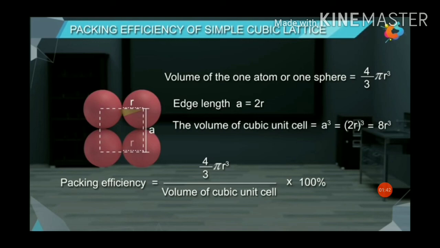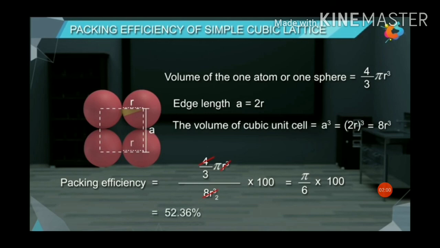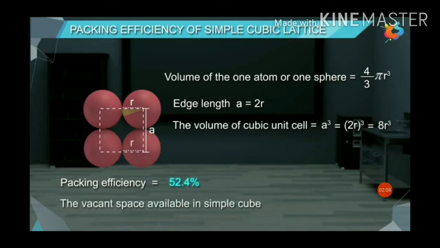The volume of one atom is 4/3 pi r cube, divided by the volume of the cubic unit cell, 8r cube, into 100, which is equal to pi/6 into 100, equal to 52.36%, approximately 52.4%. That is, the packing efficiency is 52.4%.